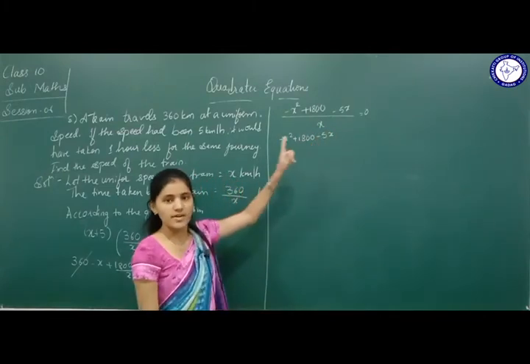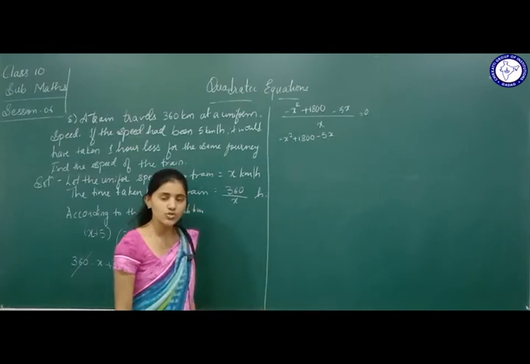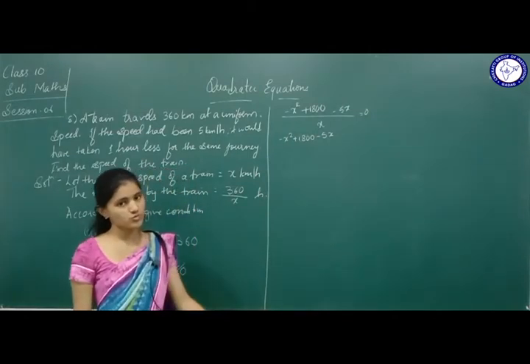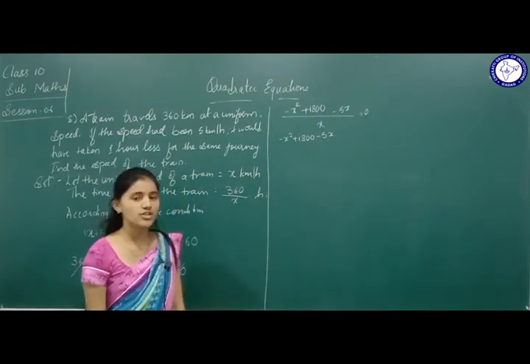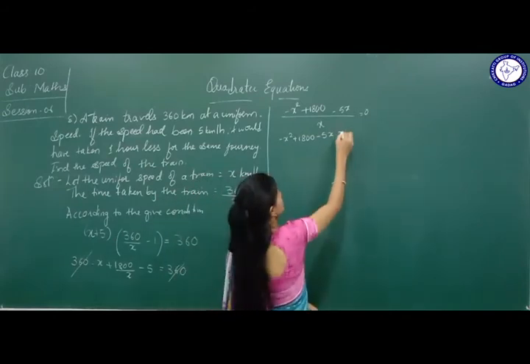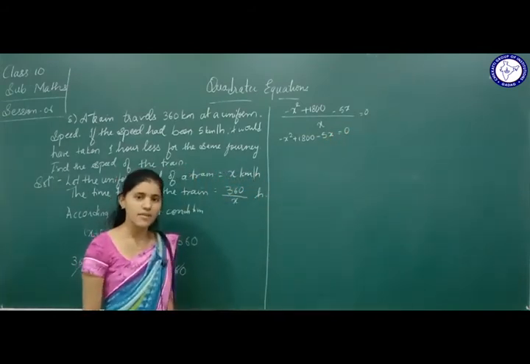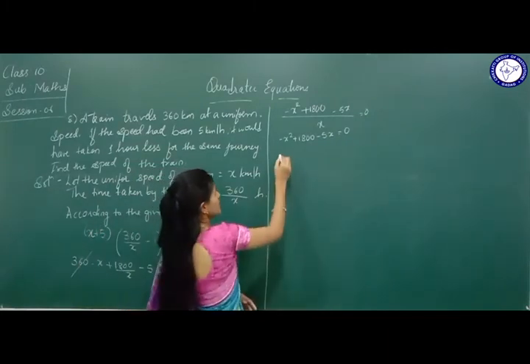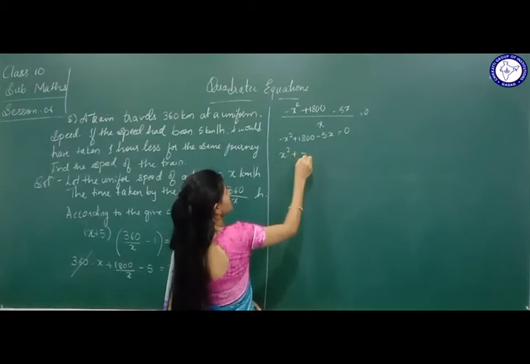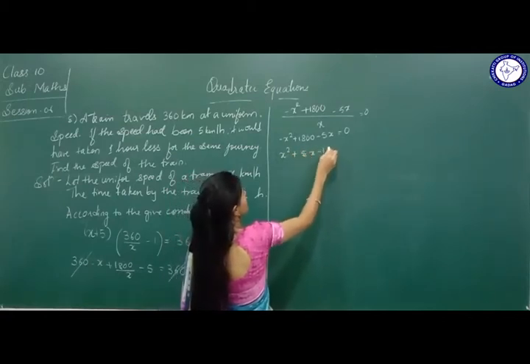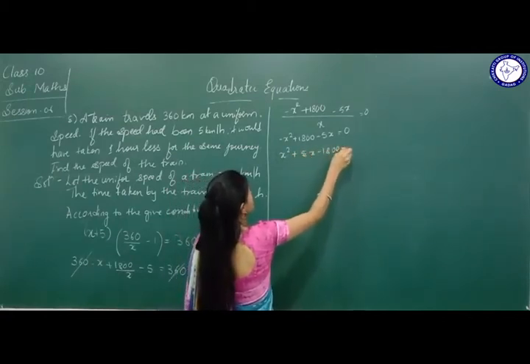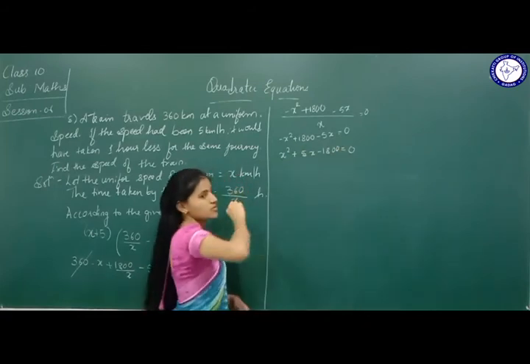This denominator x, if it is going to go on the right hand side, it is going to be multiplication, and 0 into x will be again equal to 0. Now multiplying the entire equation with minus 1, I am going to get x square plus 5x minus 1800. This will be equal to 0.